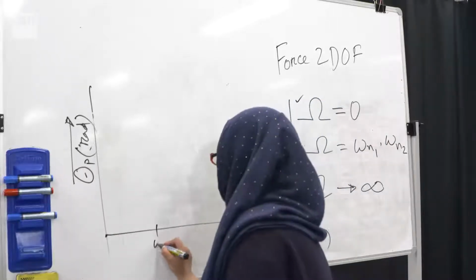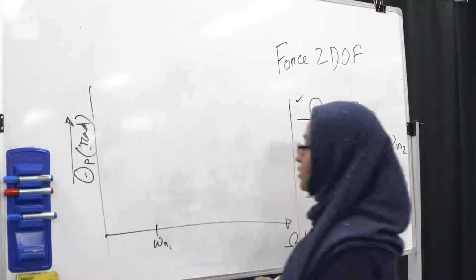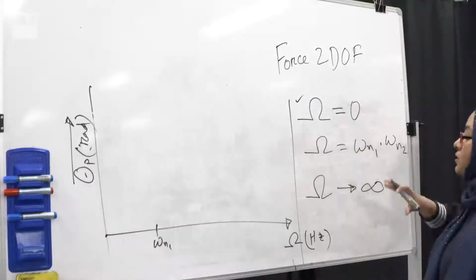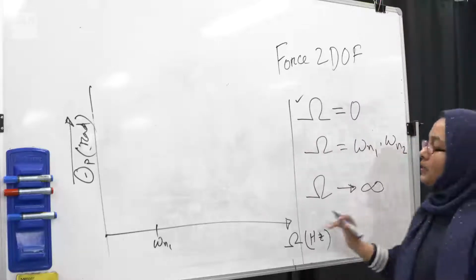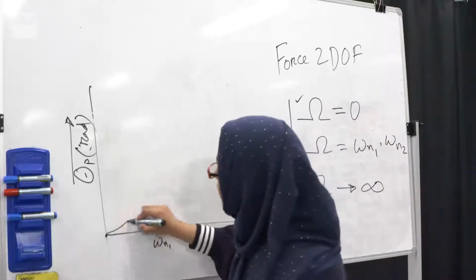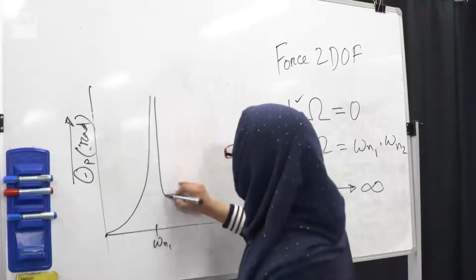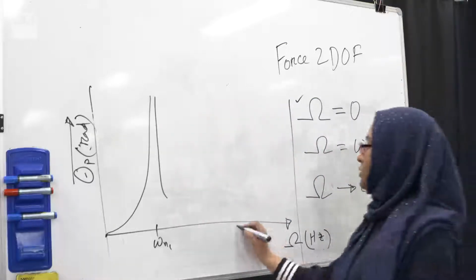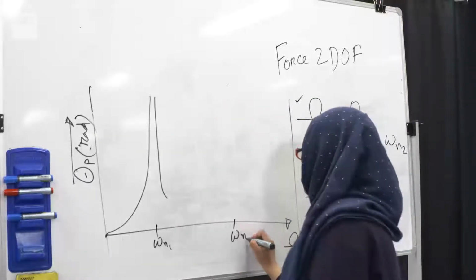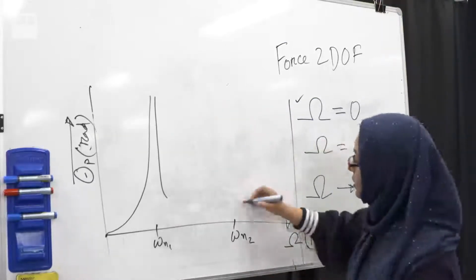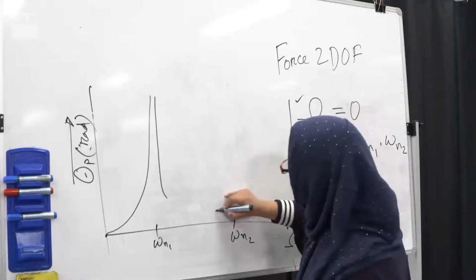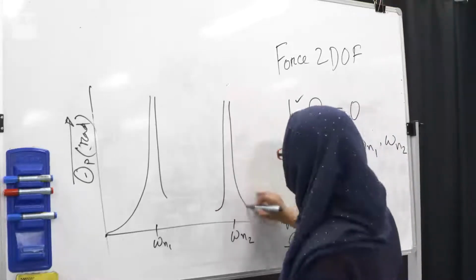Let us consider this is first omega n, which is the first natural frequency of this forced 2 degree of freedom system. The system will again have infinite amplitude, and let us consider the second natural frequency is omega n2. Again, at this frequency the amplitude will be infinity.